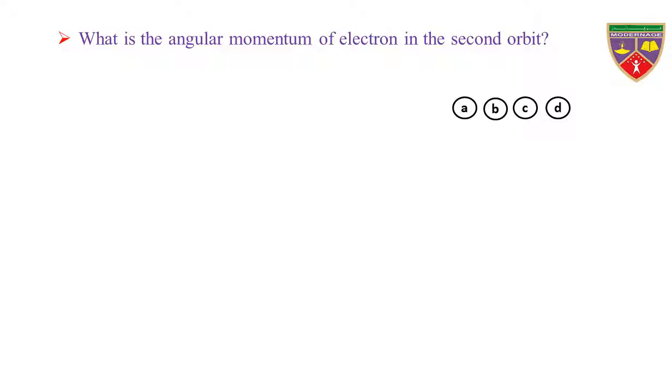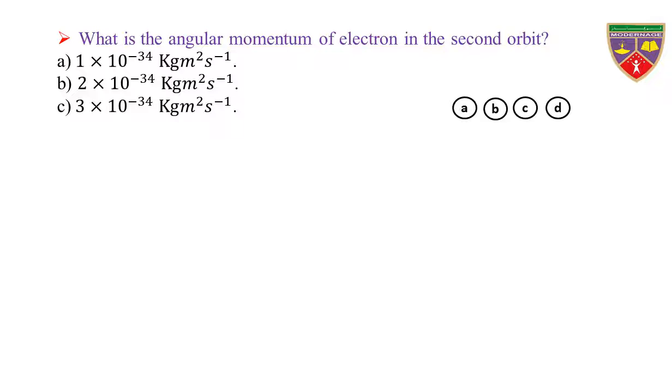What is the angular momentum of electron in the second orbit? Option A, 1 into 10 power minus 34 kilogram meter square per second. Option B, 2 into 10 power minus 34 kilogram meter square per second. Option C, 3 into 10 power minus 34 kilogram meter square per second.